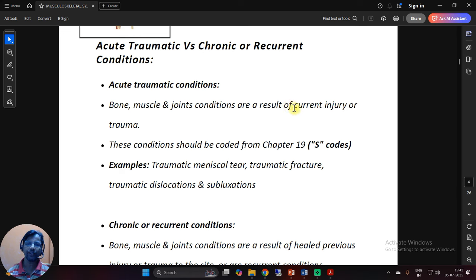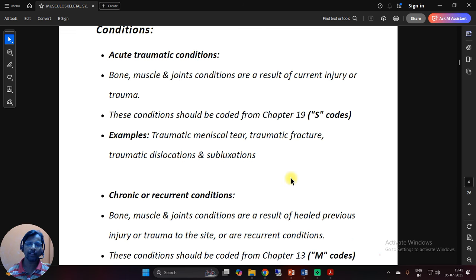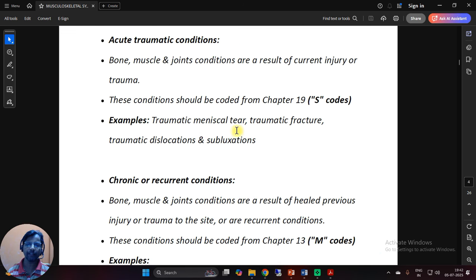In the documentation, if you see current injury or trauma, you need to use S codes from chapter 19. For example, if you see documentation of traumatic meniscal tear, traumatic fracture, traumatic dislocation and traumatic subluxation, these all come under acute traumatic conditions where you need to use S codes.